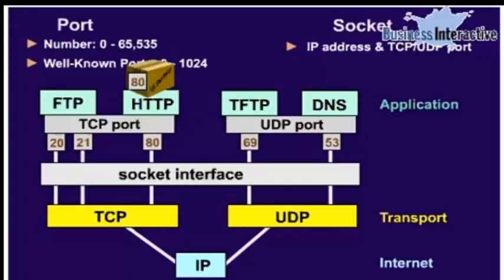So if we want to connect to a particular machine, and we have an IP address for that machine, in a particular machine there are a lot of services going on through a couple of protocols, at least TCP or UDP at transport level.